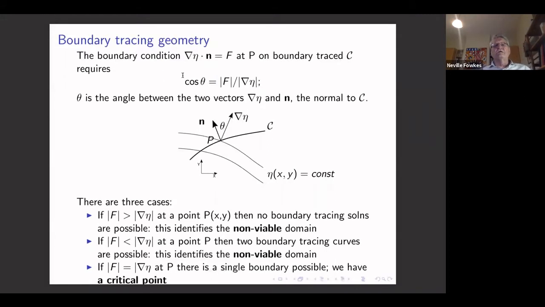But that doesn't tell you much about what's actually happening. So from this point of view, it's better to look at the geometry of the situation. Our flux condition can be thought of as a condition for determining the normal to the curve that we're going to trace that satisfies the boundary condition. So here's my curve C, and I want to find out if that curve C is such that this geometric condition is satisfied.